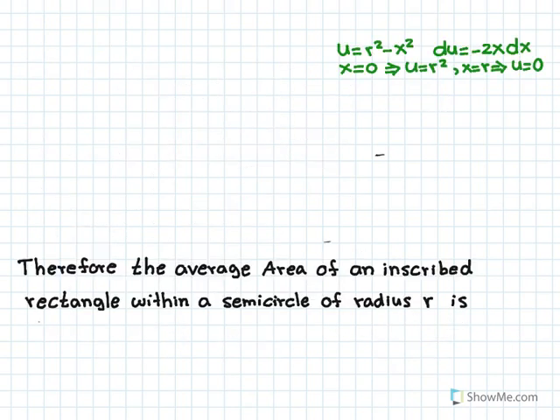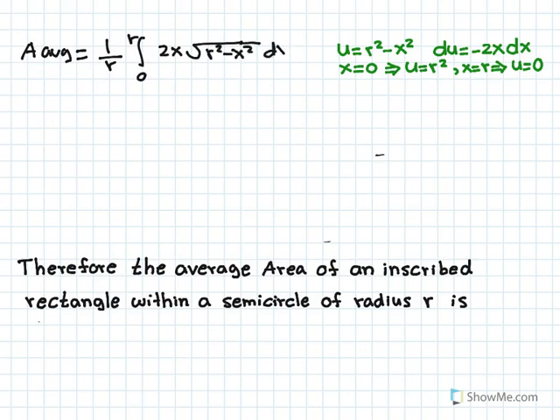All right, let's solve that. So what we have is A average is equal to 1 over r times the integral from 0 to r of 2x root of r squared minus x squared dx. Applying u substitution, we obtain negative 1 over r times the integral from r squared to 0 of u to the 1/2 du.